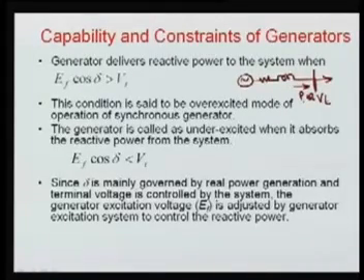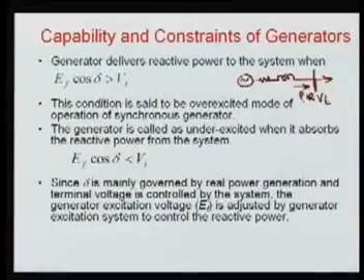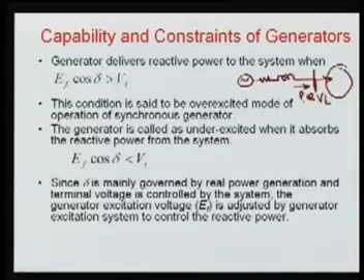This P and Q is the injection of real and reactive power at the terminal bus. Here P is every time positive since it is a generator, and this generator receives power from the turbine in terms of mechanical power, which is then converted to electrical power through the alternator, and finally flows to this bus and into the system.